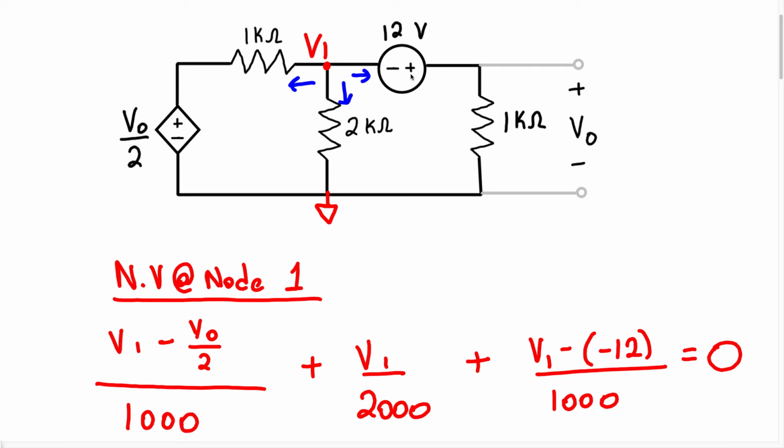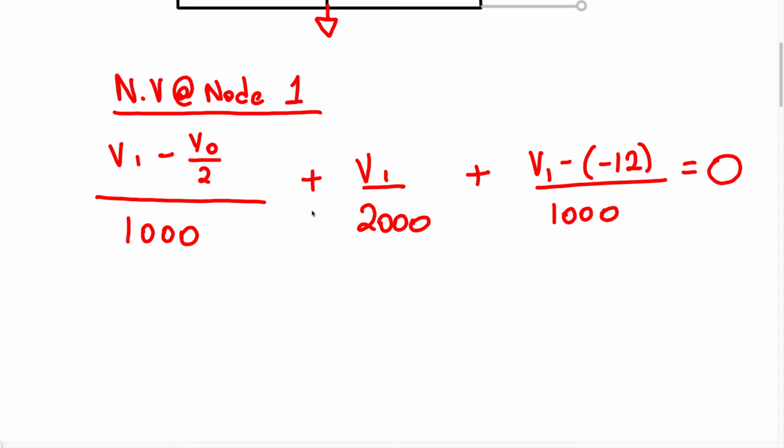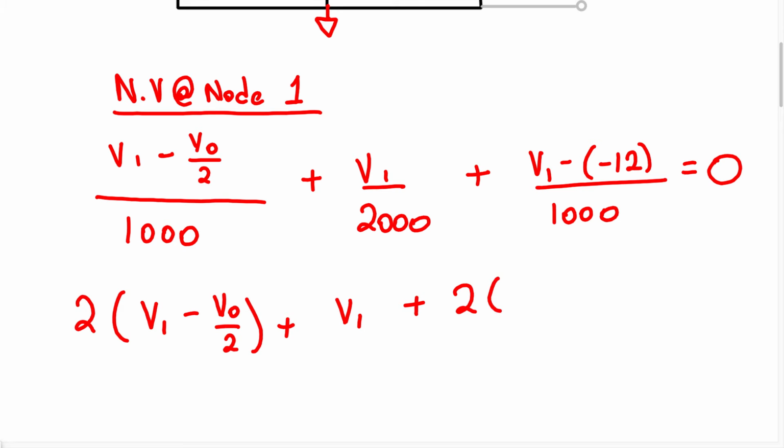So even though we have this voltage source here, we're still going to be subtracting this voltage source, right? Now when we simplify this, we know we're going to multiply each of the terms by 2000. So when we do that, we're going to be left with 2 times the numerator, V1 minus VO over 2, plus V1 plus 2V1 plus 12, and all of that equals 0.